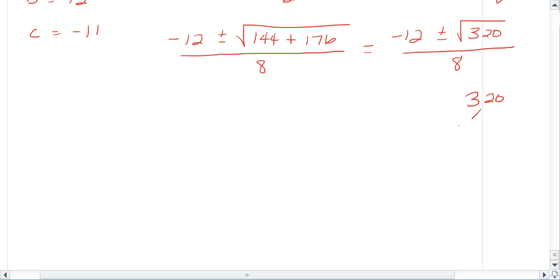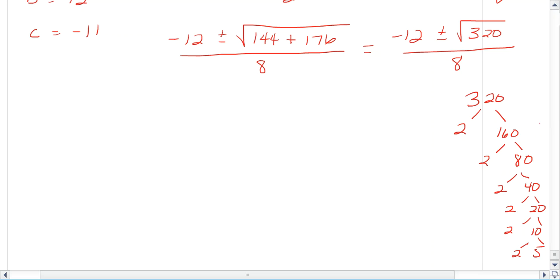So obviously it's an even number, so I always go with the 2's until I run out. So half of 320 is 160. Half of 160 is 80. Half of 80 is 40. Half of 40 is 20. Half of 20 is 10. And we finally get down to our primes.